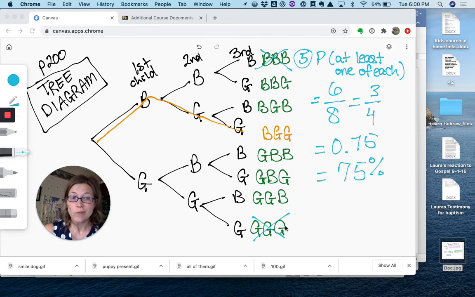I thought, well, it'll be a lot faster to just subtract the ones that don't qualify. There's only 2 of them, all boys or all girls. Otherwise, the rest of them, 8 minus 2 is 6. There are 6 different options that fulfill what they're looking for. And you'll notice that we've got all these different ways that we could write the answer. These are all mathematically accurate, and I'd take any of them.